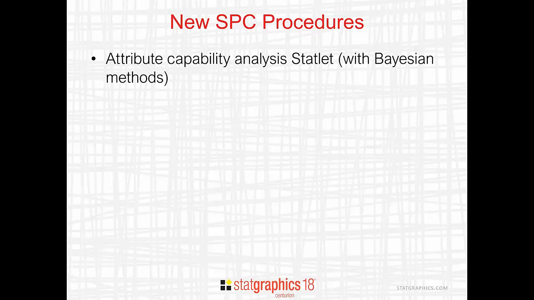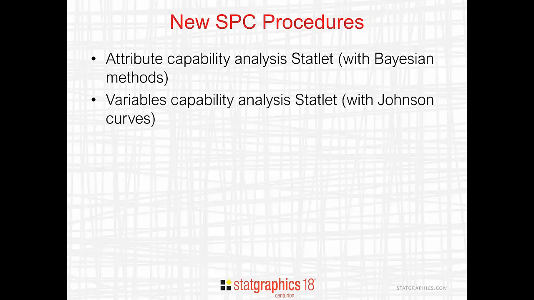The first thing we added to cover the contents of the book was an attribute capability analysis statlet. That's a statlet that estimates the capability based upon attribute data, and that included some Bayesian methods. We also added to the variables capability analysis statlet the ability to estimate Johnson curves. Johnson curves are curves that can match the mean, standard deviation, skewness, and kurtosis of a set of measurement data.